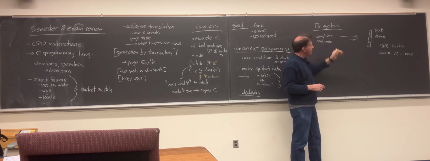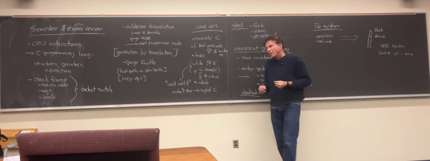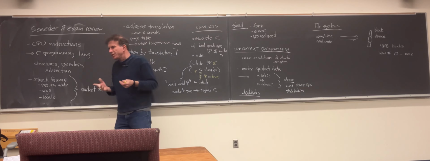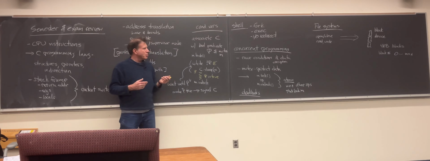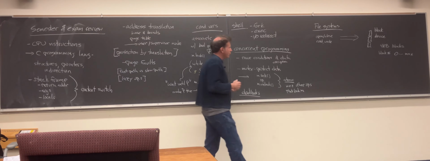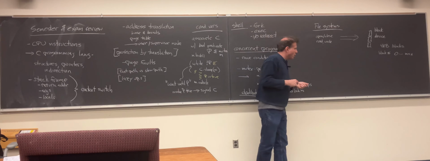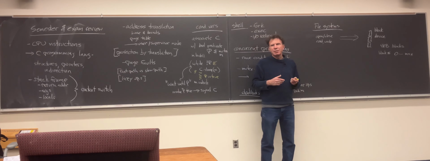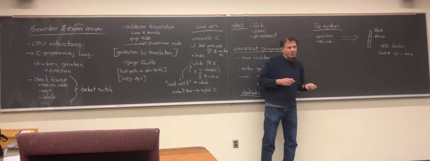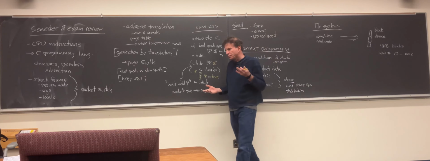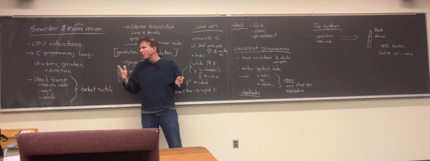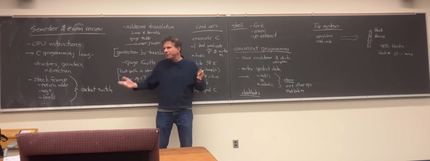On top of that, we have this file interface, which is pretty similar across a lot of operating systems. We focused on the Unix interface, but you've got a hierarchical path name made up of directories and a leaf.